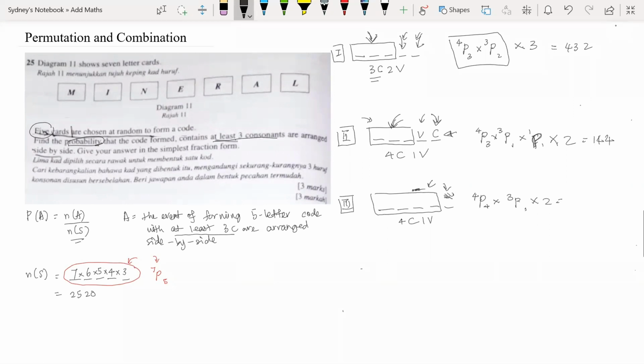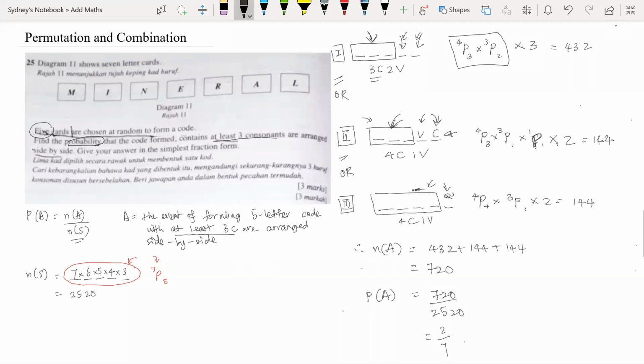We get 144 as well. Therefore, the event A occurs in either the first case scenario or the second case scenario or the third case scenario. For each way, we just add up. It gives us the total outcome for A to occur, which is 720. So the probability for A to occur will be n(A), which is 720, over n(S), which is 2520. Use the calculator to simplify.